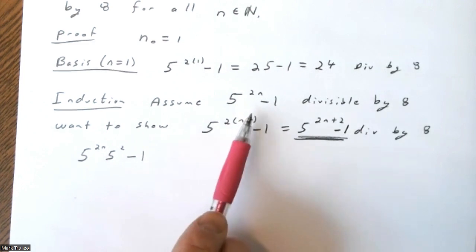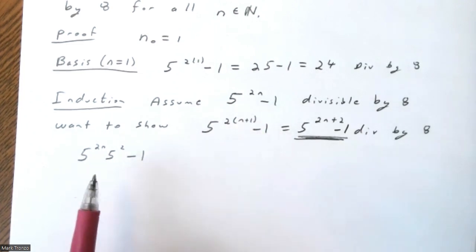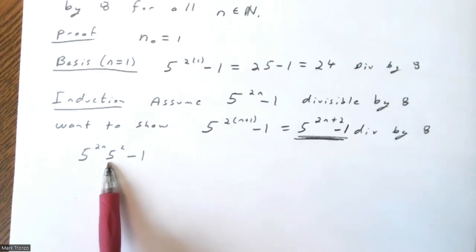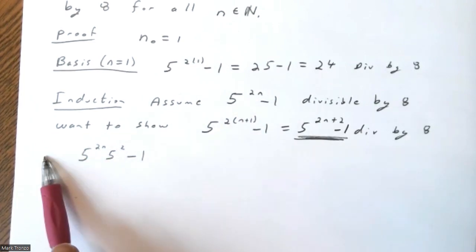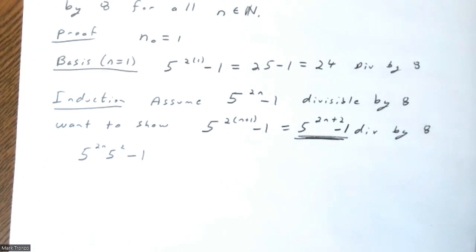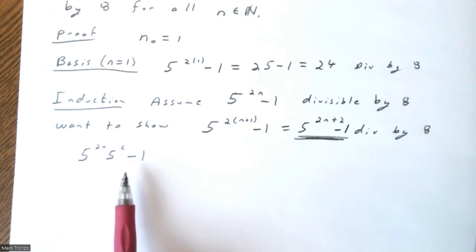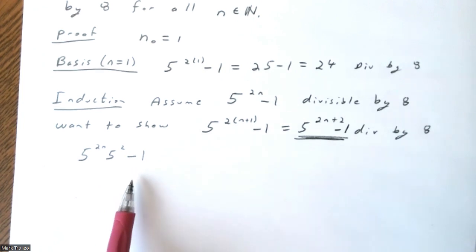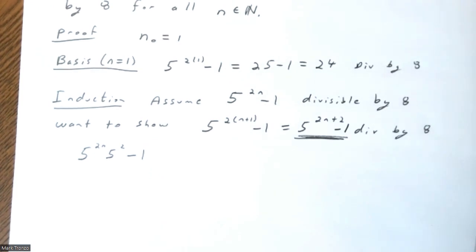And it looks like that's going to be kind of hard. Now, we could make this appear here if we could factor out this 5 squared, out of here and out of here. But unfortunately, we can't take a 5 squared out of here. So we can take it out of here, but not out of here. Is there something you think we could do to maybe make a 5 squared show up where that 1 is?